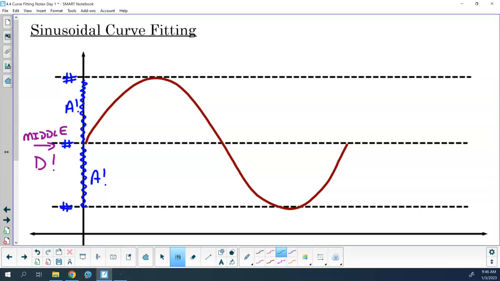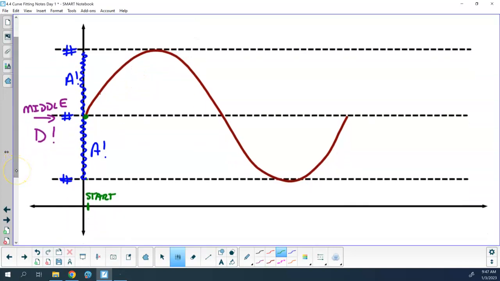This number right here, because it corresponds to there, that's my start. And what's my start? C. Right? Because we can slide this left and right wherever we need it to be.